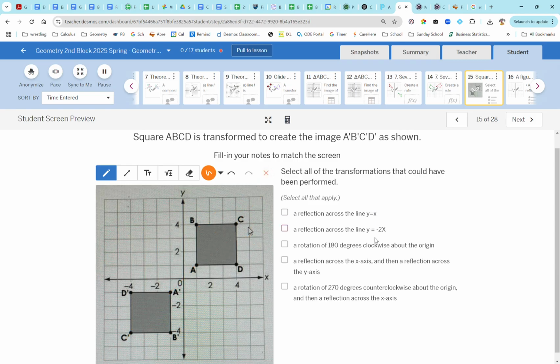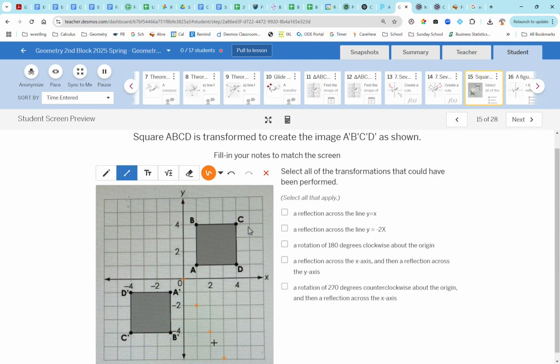Let's take a look at the next one. This one says reflection across the line y equals negative 2x. Okay, so this is in y equals mx plus b. The plus b is 0, so we have a point right here at the origin, and then the slope is negative 2. Negative 2, down 2, to the right 1, down 2, to the right 1, down 2, to the right 1.